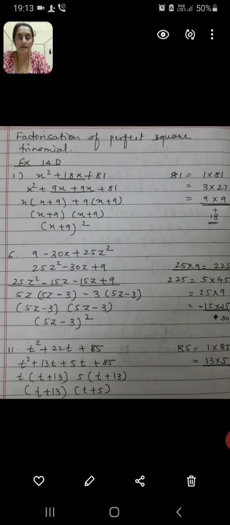So we'll check with the first one. First factors are 1 and 81. So addition and subtraction of these two numbers comes either 80 or 82. So we don't want that. Then 3 and 27, addition is 30, subtraction is 24. So that is also not needed. Then 9 and 9, addition is 18 and subtraction is 0. So addition can be done.